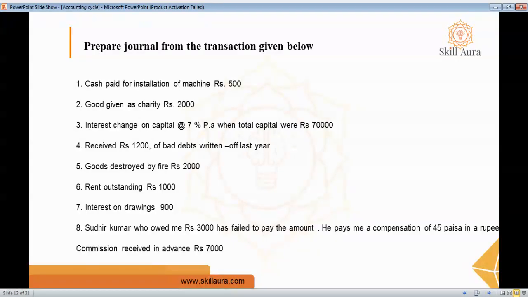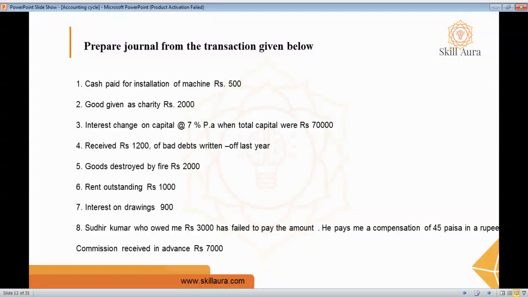The next transaction is Sudhir Kumar, who owed me 3000, has failed to pay the amount. He paid me a compensation of 45 paisa in a rupee. Here it is related to two debit accounts and one credit account.